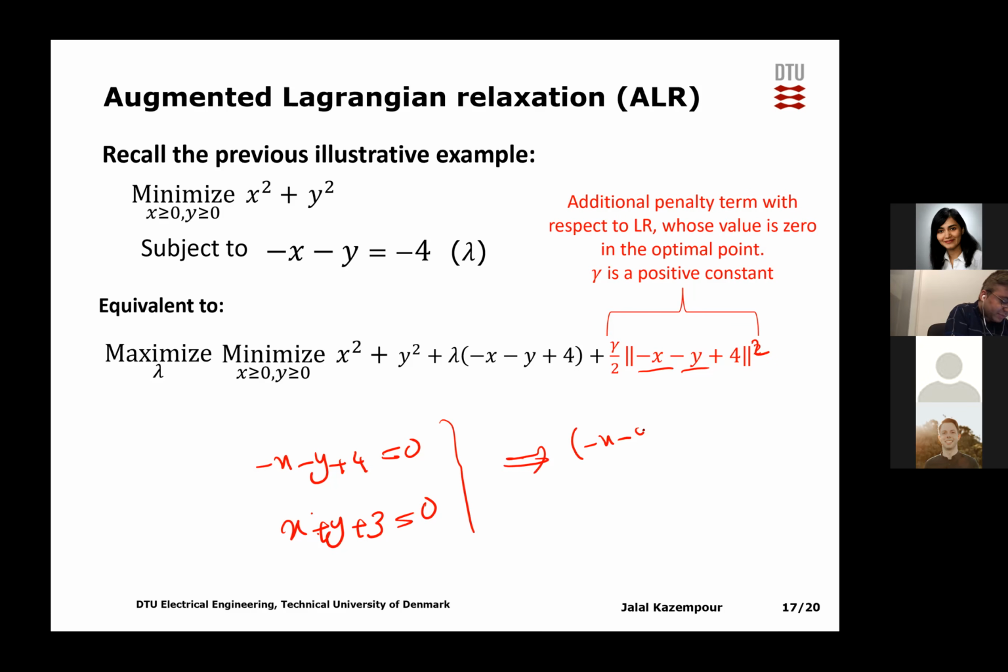So minus x minus y plus 2 square, right? Yes, exactly. Plus the other one, x plus y plus 3 square. Right? With their corresponding dual weights.